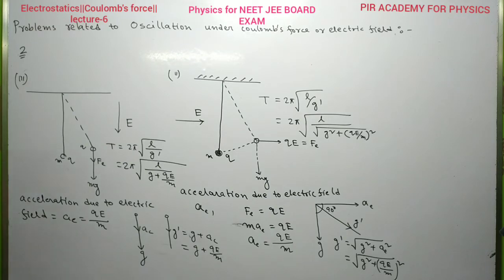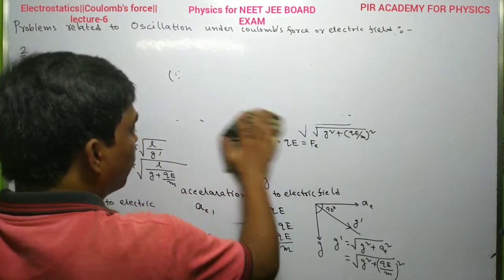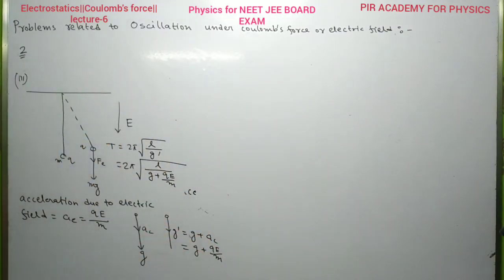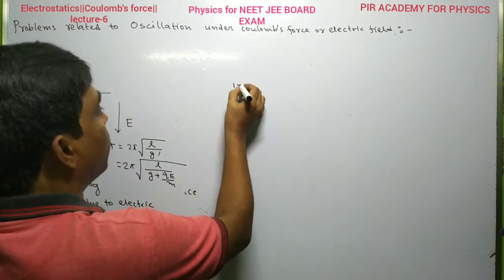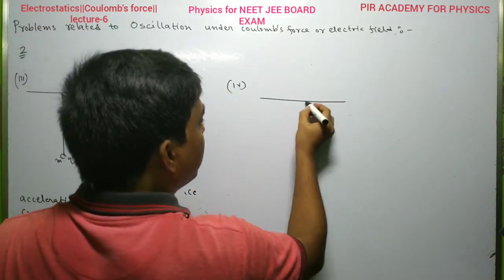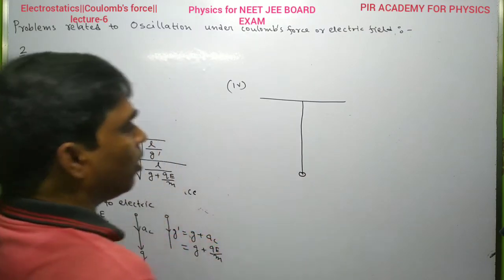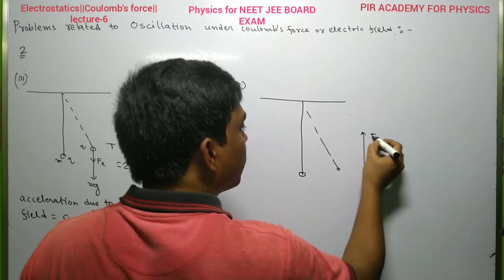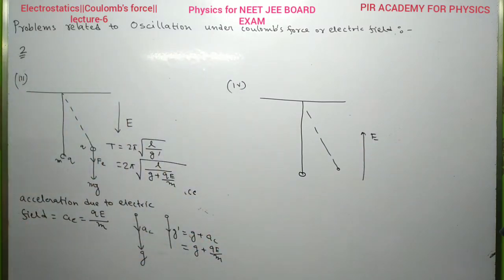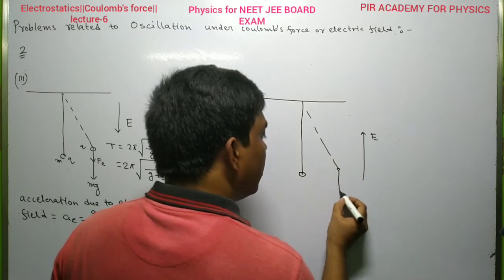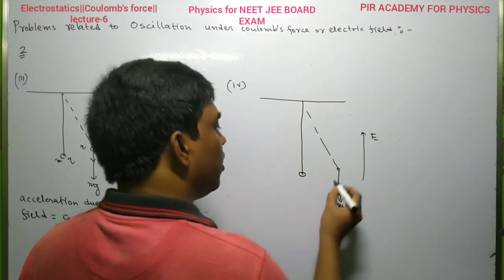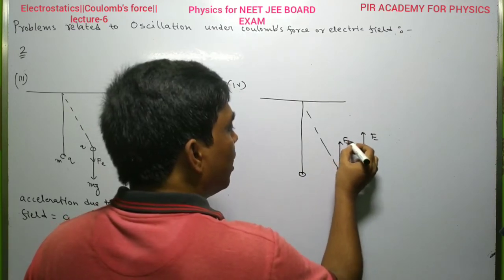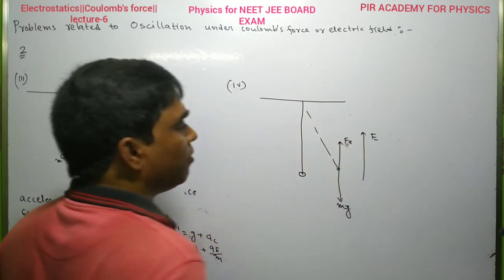Now condition number 4. If this is the pendulum, and I apply an electric field along this direction, in this case mg will be along this direction and the electric force F_E will be along this direction.